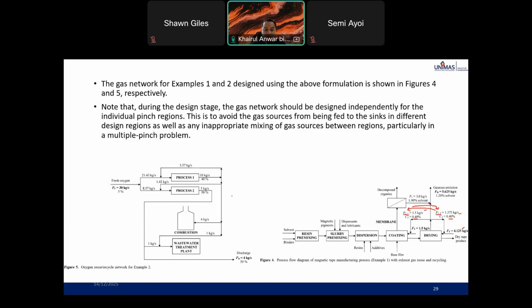So for the process, oxygen integration refers to figure 3, just on the description.